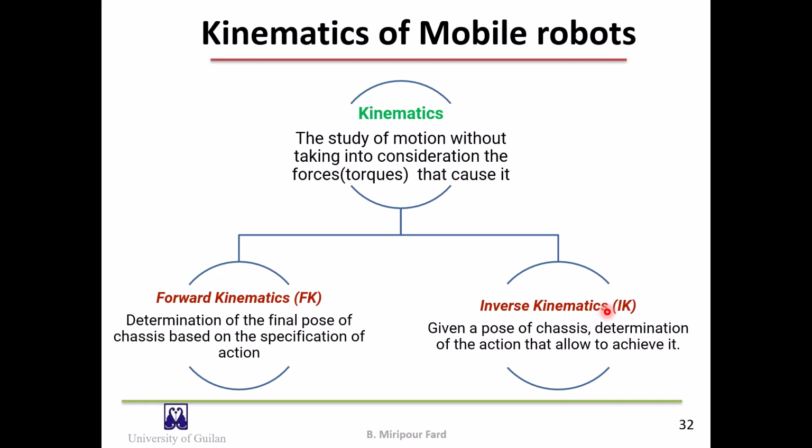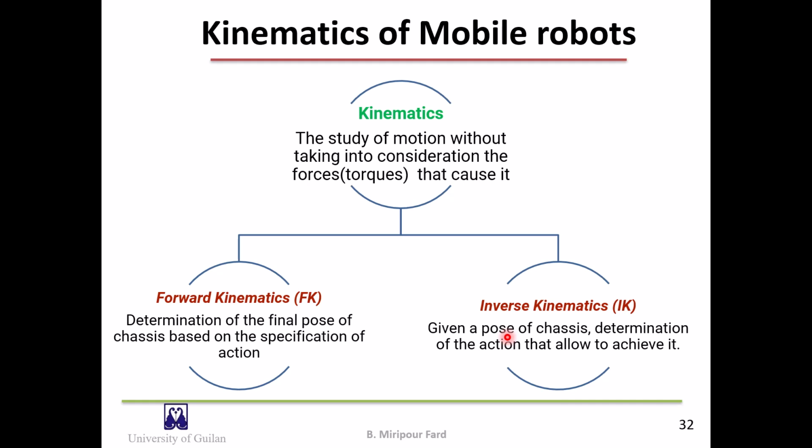It's based on geometric relations, positions, velocities, and accelerations. Forward kinematics refers to the use of kinematic equations to determine or predict the final configuration or pose of a robot based on the specification of the values for the actions which are done by wheels.